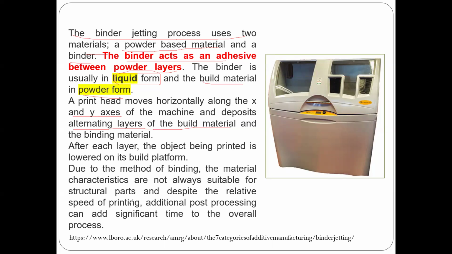And despite the relative speed of the printing process, additional post-processing can add significant time to the overall process as well. This is technically how it looks for the time being.